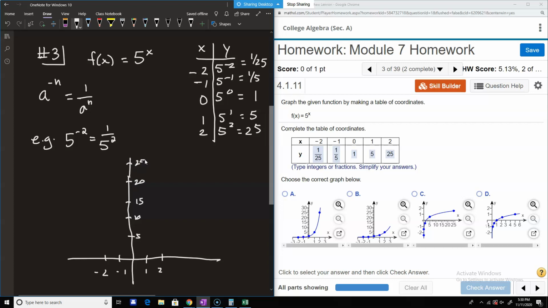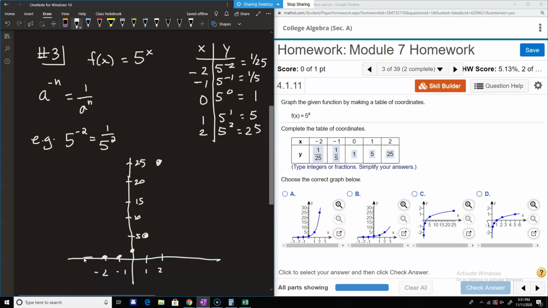So we'll do a scale of 5 over here. At the x value of 2, we have a y value of 25, so that's going to be all the way at the top. At an x value of 1, we have a y value of 5, right here. Then at 0, we would be down here at 1. And then a fifth would be very small, and 1/25 would almost look like, with this scale, it's right on the x-axis.